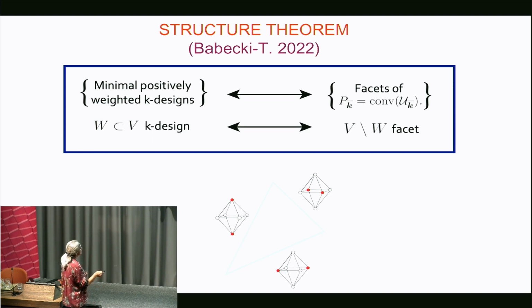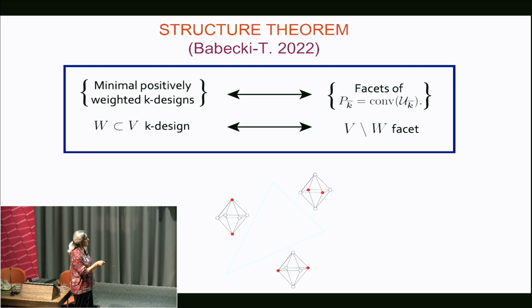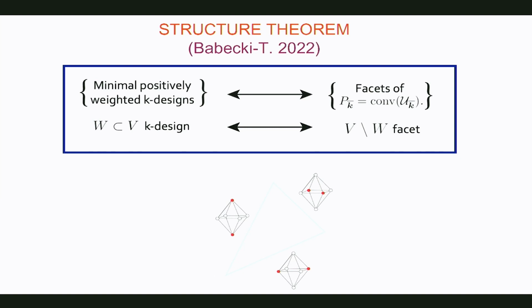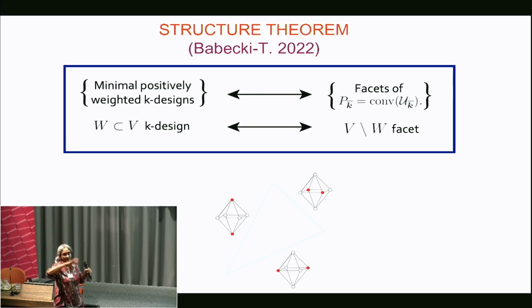So here's a little cartoon that shows you, it's not a cartoon, it's an actual picture of designs in the octahedral graph. These are some extremal designs in the octahedral graph, and you see the polytope is a triangle. Facets all have the same dimension on the polytope. By facet, I really mean the maximal dimensional faces.